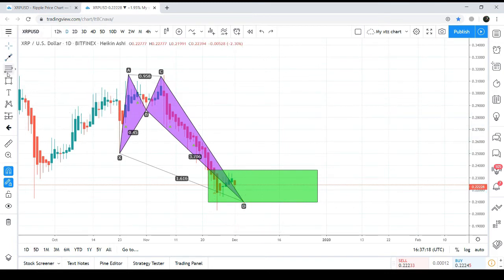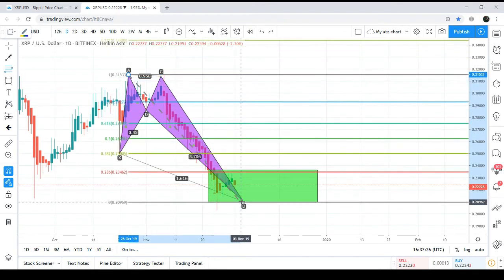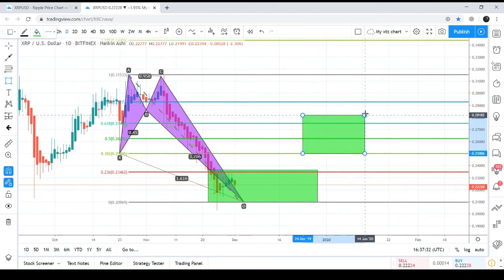And our sell target should be the A to D Fibonacci projection, like this, from 0.382 up to 0.786 Fibonacci.